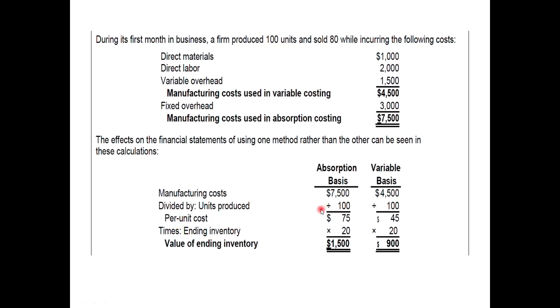When we need to calculate the ending inventory, we multiply the cost per unit by the ending inventory of 20 units, so the value of ending inventory under absorption costing will be 1,500, and under variable costing 900.